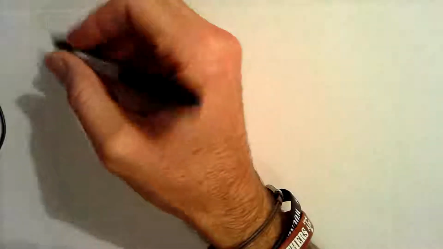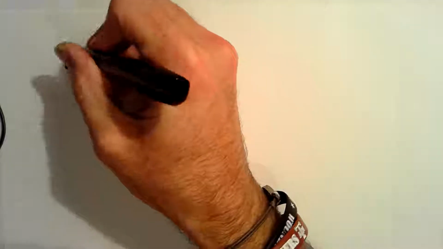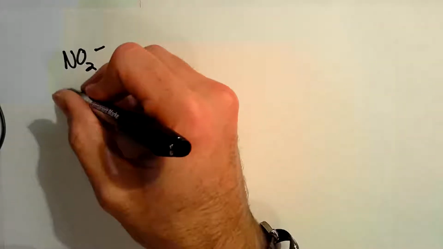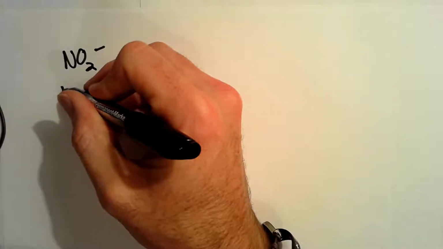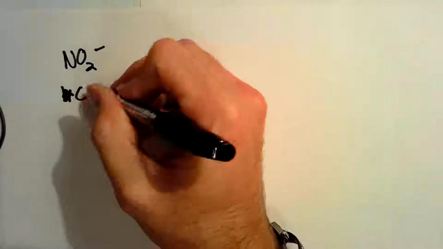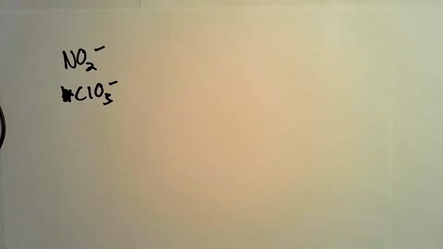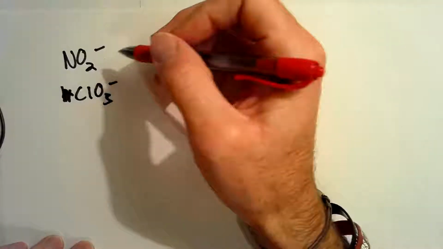So if it doesn't end in ate, it could end in ite. So if we had NO2 minus and we had hypochlorite, which is, I'm sorry, ClO3 minus, we need to write the anions.